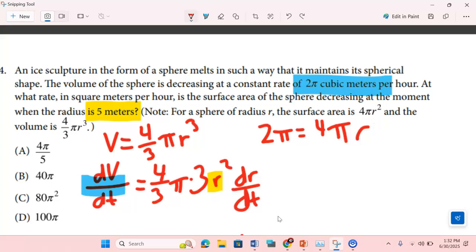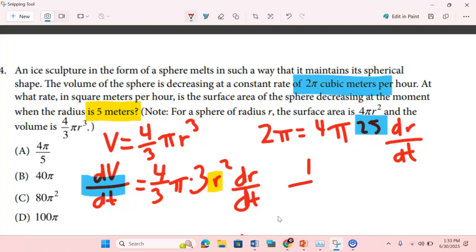So let's put 25 right there, dr/dt. That 25 comes from the 5 squared. So 4 times 25, that's 100. So you have 2 pi divided by 100 pi. That's going to be 1/50th.